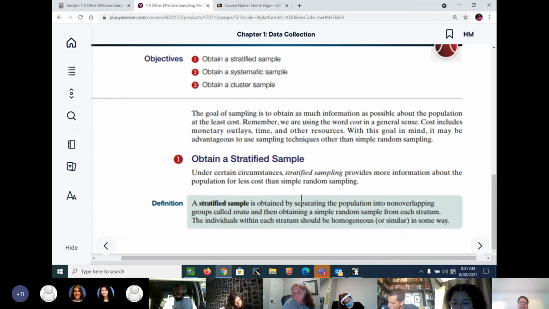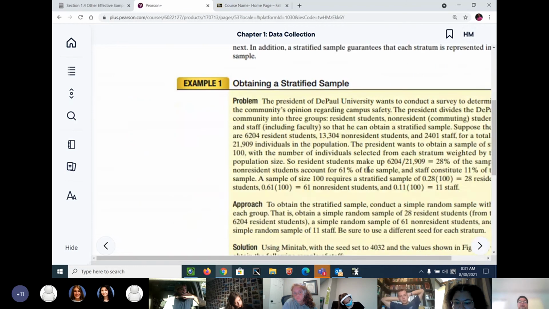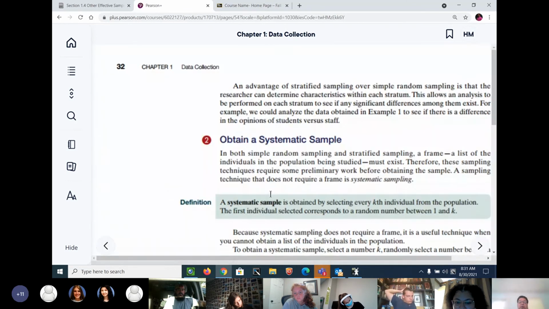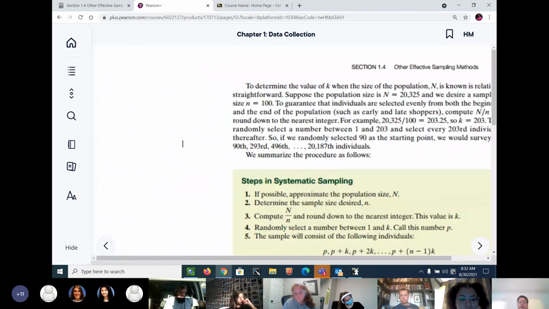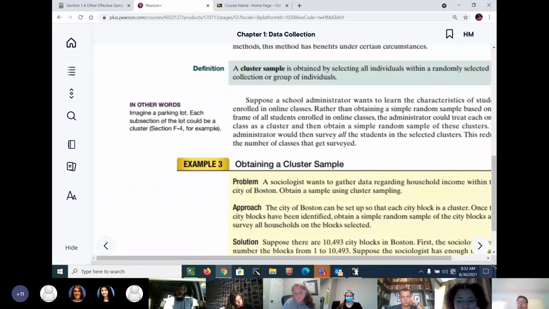Okay? And the cluster would be like a voting precinct. They don't put these in the right order. I'm putting them in the right order for you. I'm trying to find a cluster. There is a cluster.